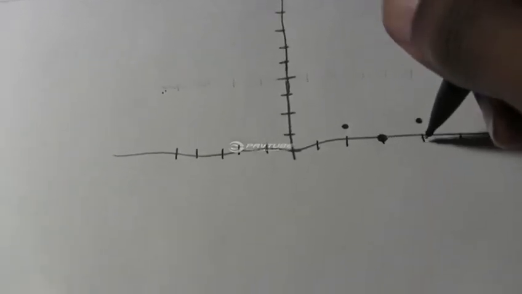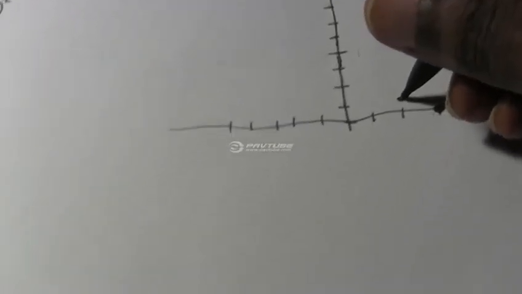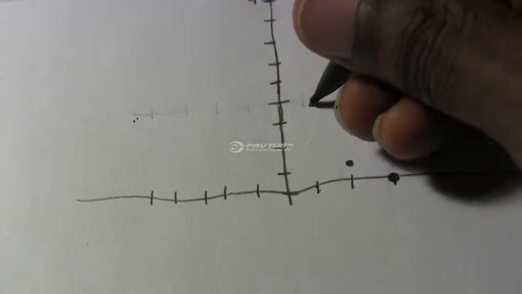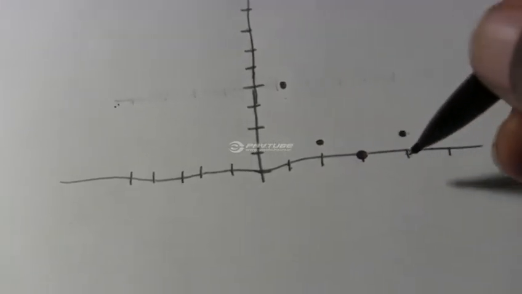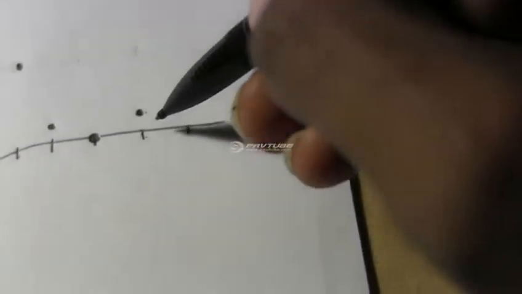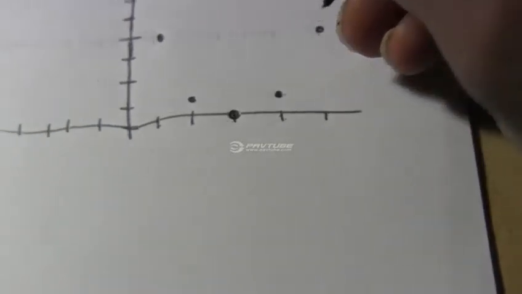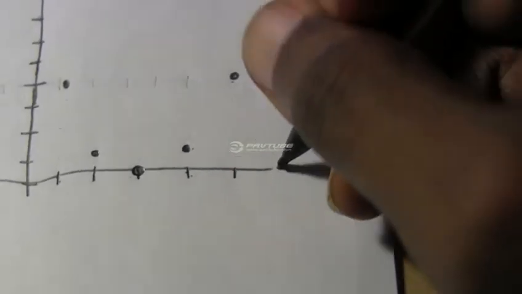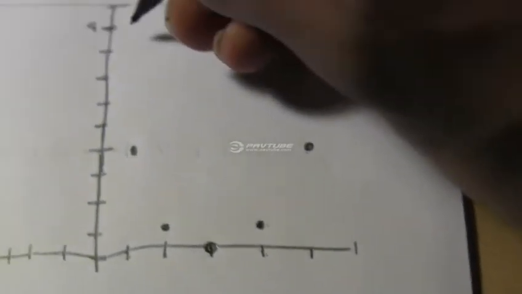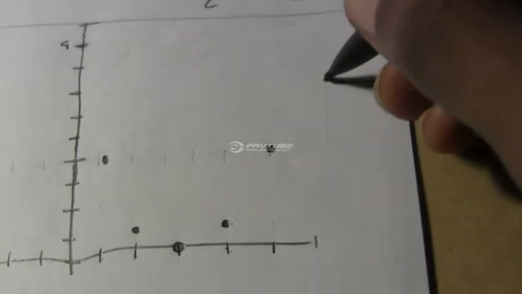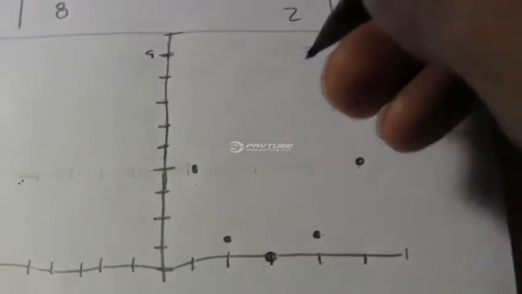Okay, so there's our 4, 1, 3, 0, 2, 1. 1 was equal to 4. And then I think we said 5 was 4 as well. And then 6, which is off the page right here, is 9, which is all the way up here. So we're going to come all the way up, so boom.